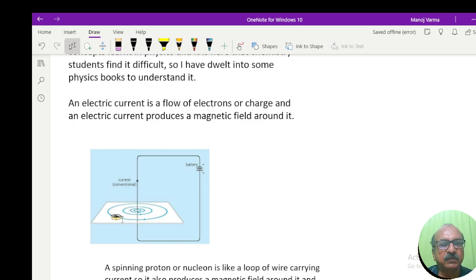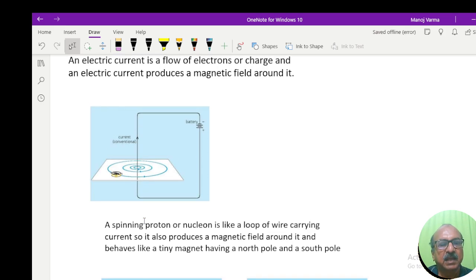If you keep a compass needle in the neighborhood of this wire carrying a current, you see a deflection in the compass needle, which means that the current is producing a magnetic field. So that's the idea I want you to understand, that current produces a magnetic field. Now this is a straight conductor.